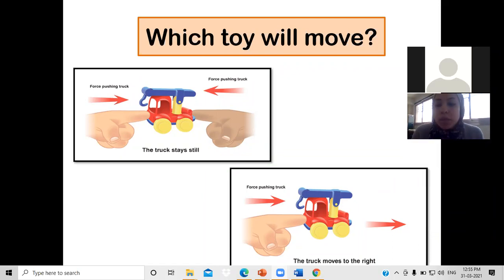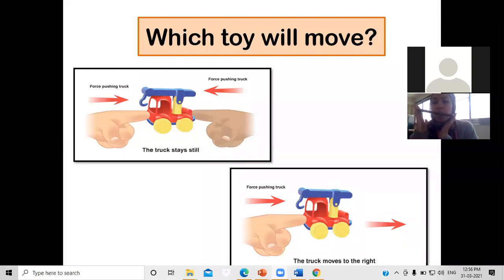Excellent. So when the two sides of the forces are not equal, and one of them is bigger than the other, this is what will cause a movement. This is the unbalanced force: when one force is greater than the other. Yesterday I showed you my mobile. When I push my mobile with the same force from both sides, it will not move.